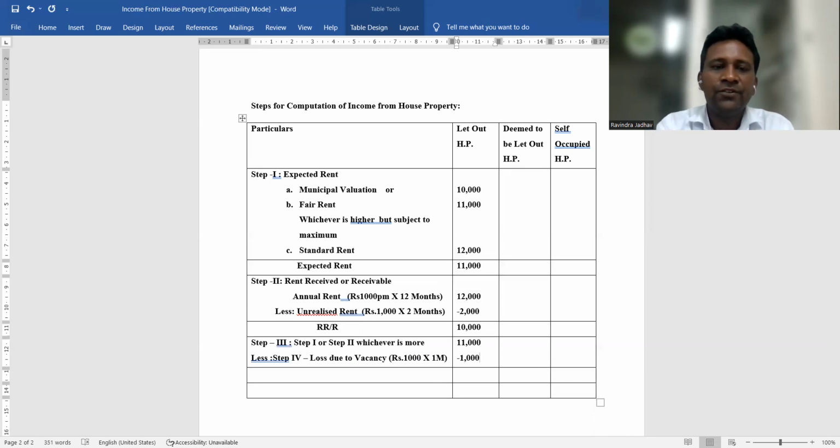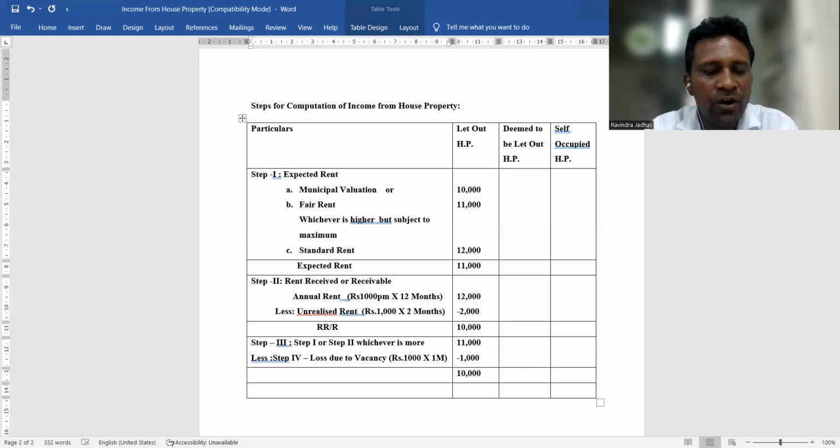So this is step number 4, and now we need to deduct the loss due to vacancy from step number 3. Step number 3 minus step number 4, that is ₹10,000.